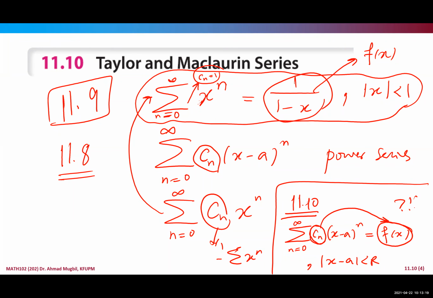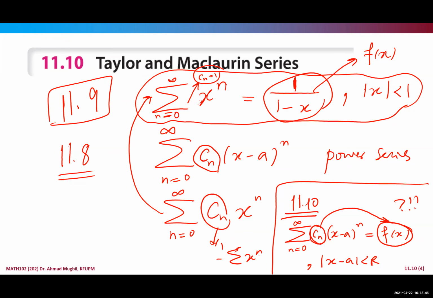How do we find this relationship and determine these coefficients in terms of the function? By the way, here this coefficient is 1, so it wasn't clear what happens. It is the first term, but for the others this is a geometric series. It is something else. But how do we do that in general for any power series within its interval of convergence?